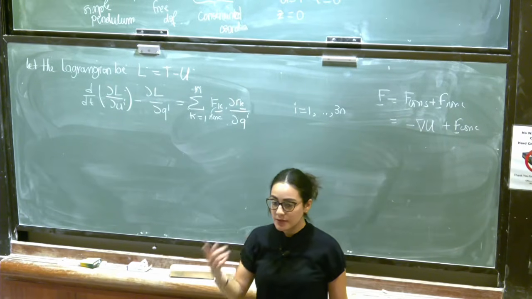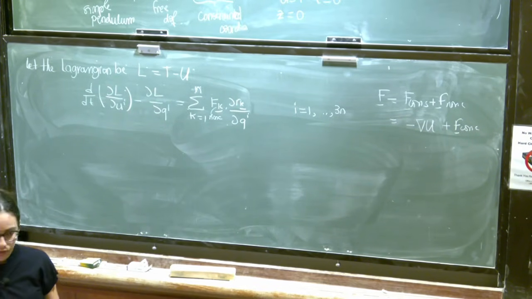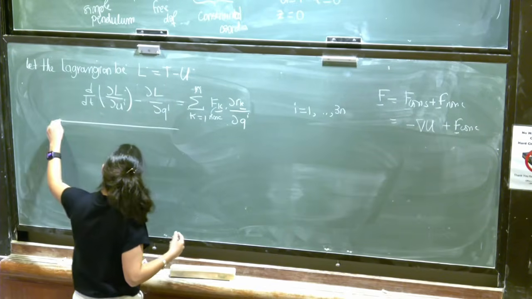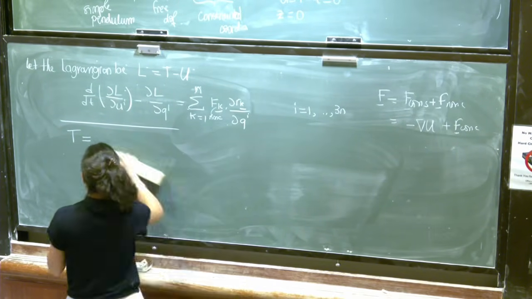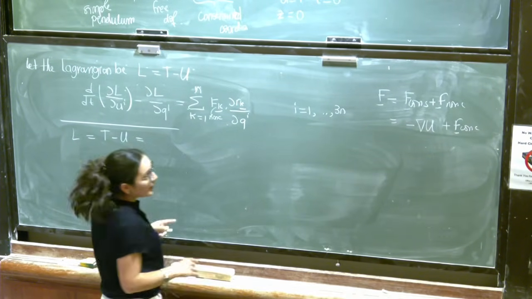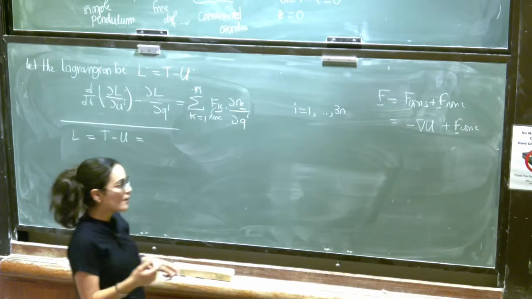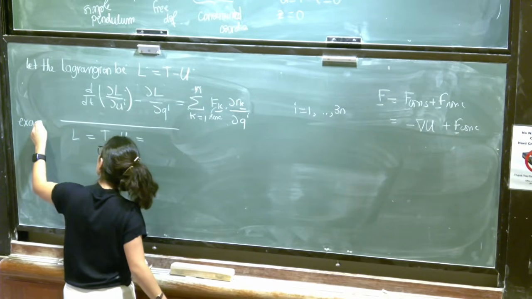So let's redo this problem using this form. I'm going to have to write the Lagrangian. L is T minus U. The kinetic energy T is still the same, half m times vx squared plus vy squared plus vz squared. So that's an example for the simple harmonic oscillator.